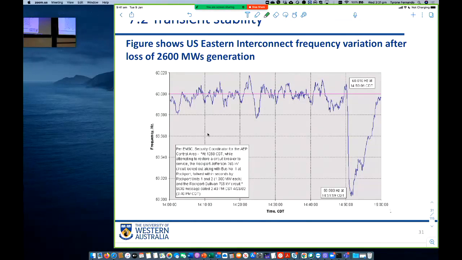You can see the generation has suddenly dropped, and consequently the frequency has dropped because machines are decelerating, as they can't keep up with the load.